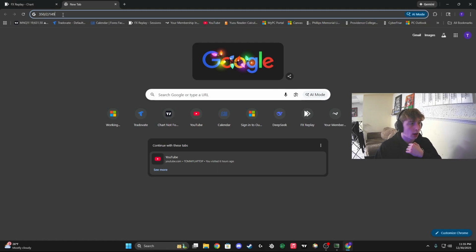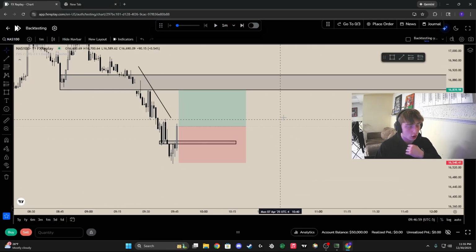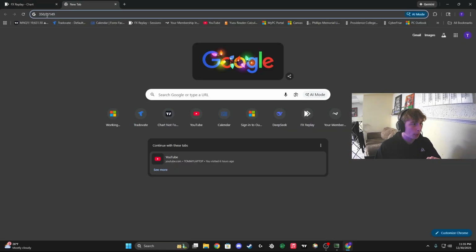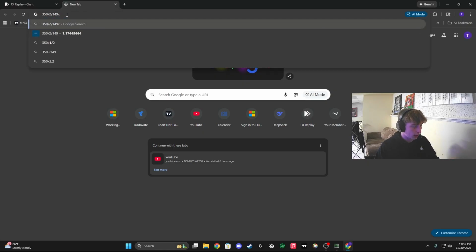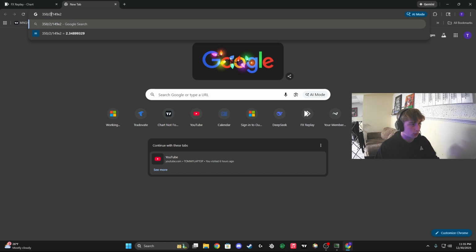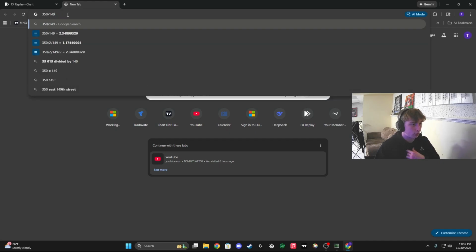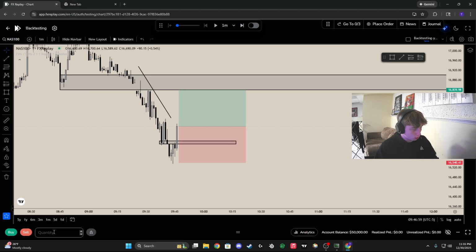However, for this chart only, when you're backtesting, you don't need the divide by 2 because you need to multiply it by 2, which obviously just counteracts the divide by 2. But keep this in mind when you're actually trading, and then when you're backtesting, just get rid of this, right? So we have 2.3, we're just going to go 2.